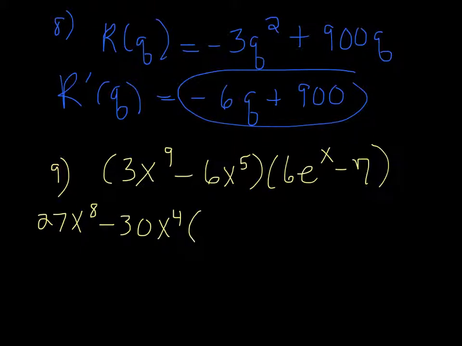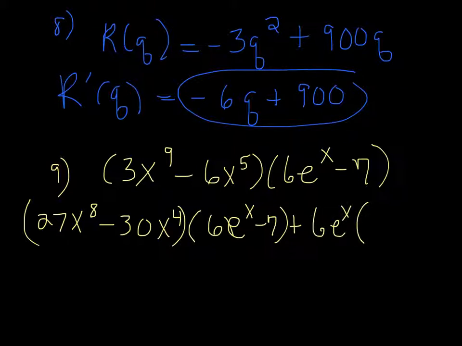Then all of that times the second. We're going to add that to the derivative of the second, which is just 6e to the x, multiplied by the first. And that's how you leave your answer. No need to distribute or FOIL.